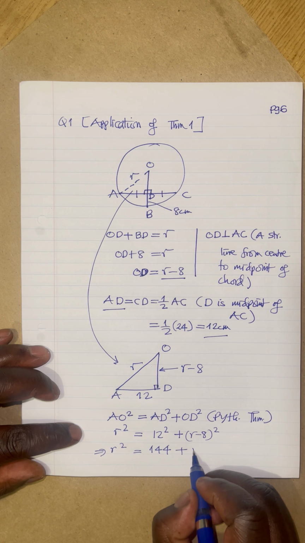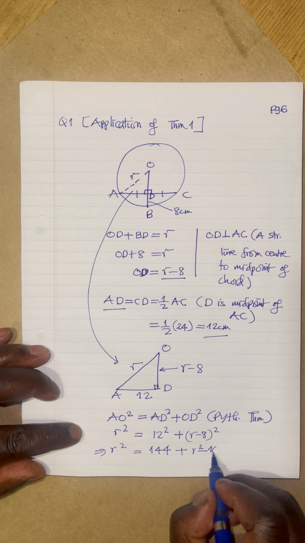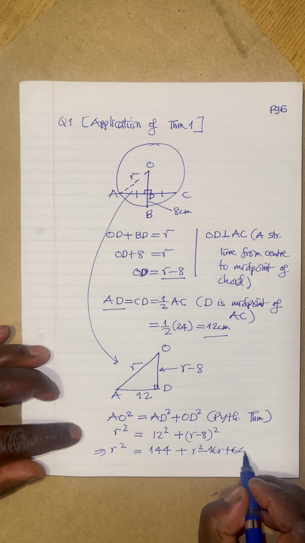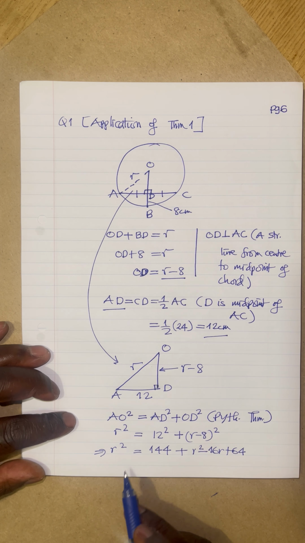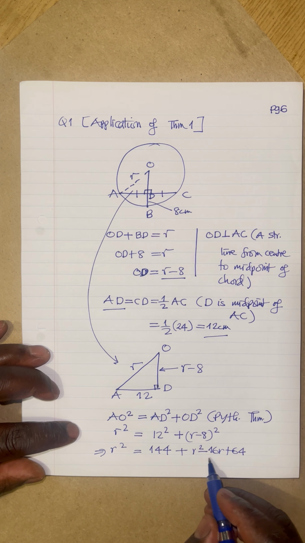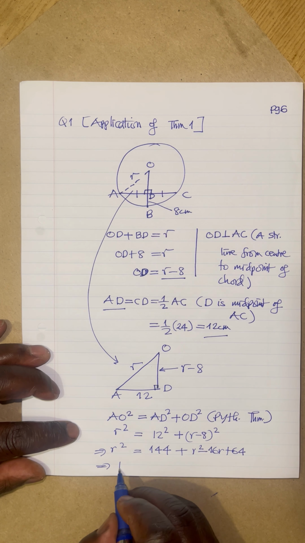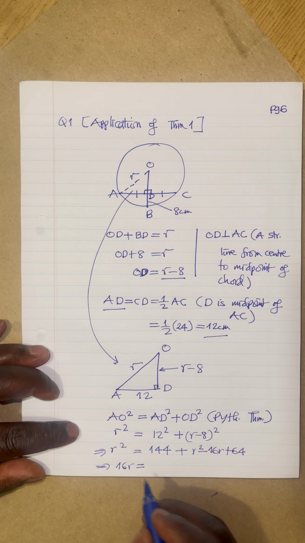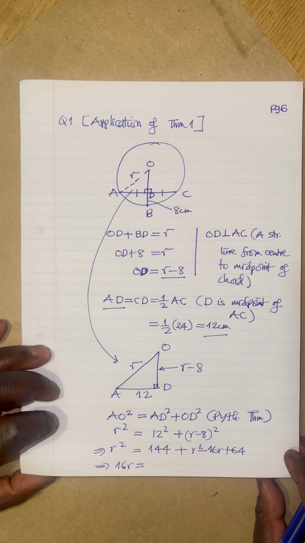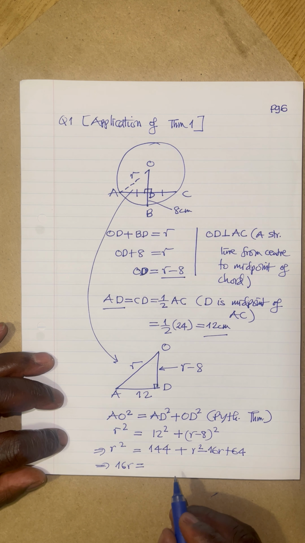Expanding this one here, it will be r squared minus 16r plus 64. Now you can see the r squared cancels, and add 16r on both sides. You're going to get 16r is actually equal to 144 plus 64 is 208.